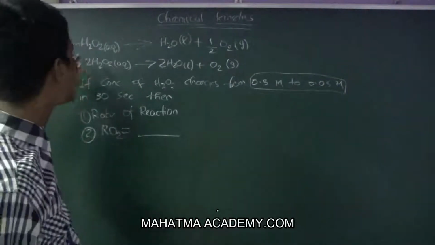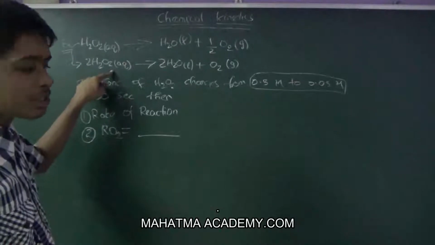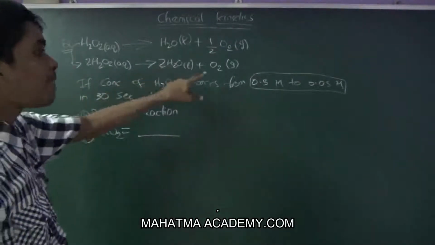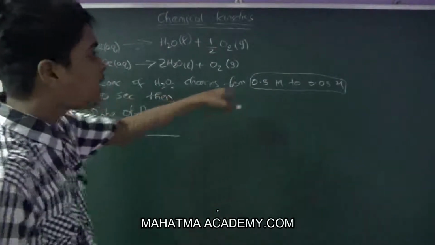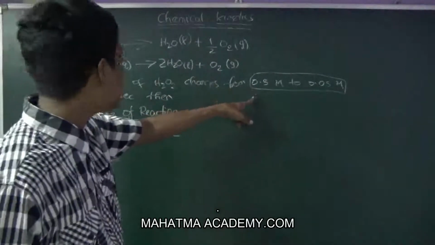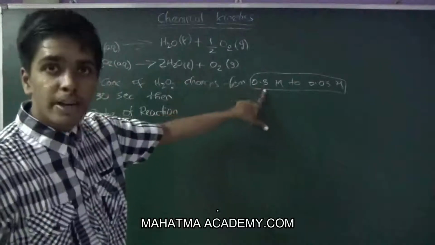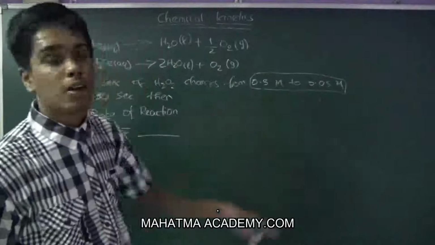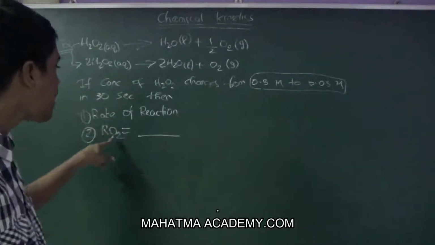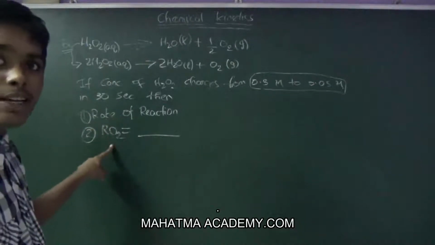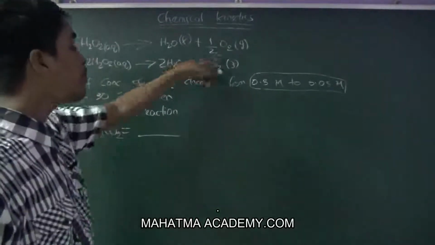Now 2H2O2 gives rise to 2H2O liquid plus O2 gas, and the question says that the concentration of H2O2 changes from 0.5 molar to 0.05 molar in 30 seconds, then we want to find the rate of reaction and the rate of O2 association, because it is the product.